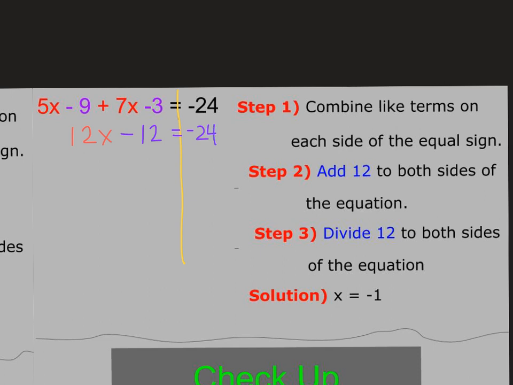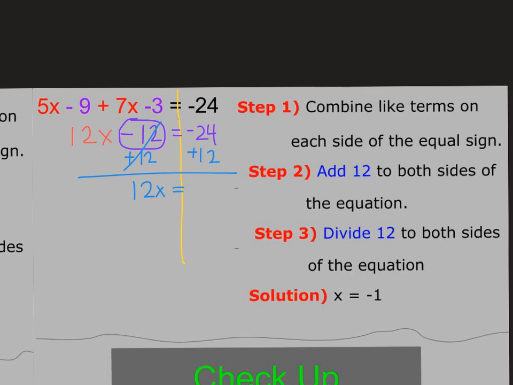All right, so cancel out the term not directly with the variable. So that's the negative 12. We will add 12 to both sides of the equation. Cancel those out. Bring down what is still on the left side, which is the 12x.